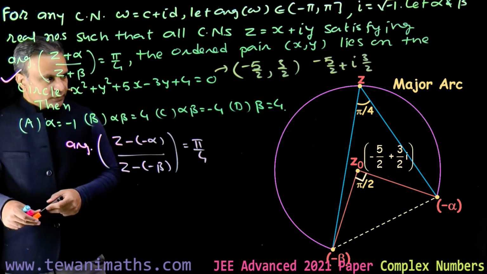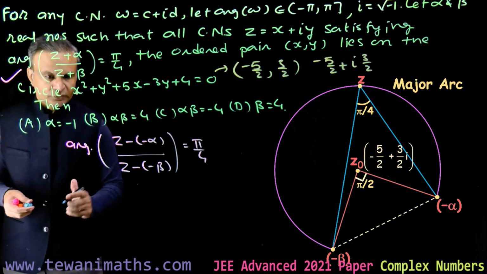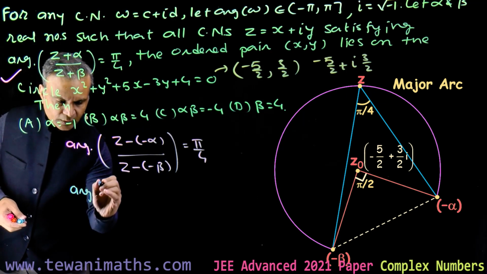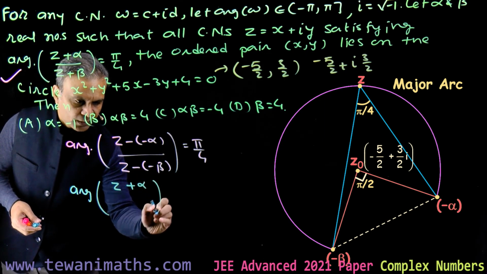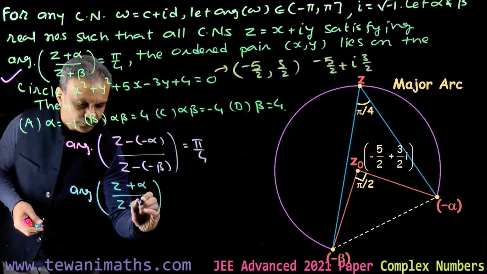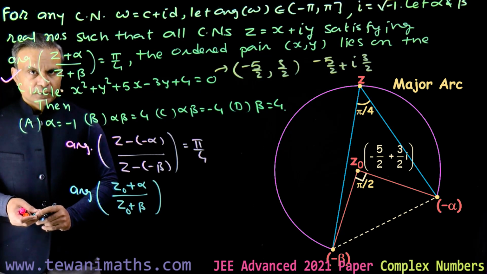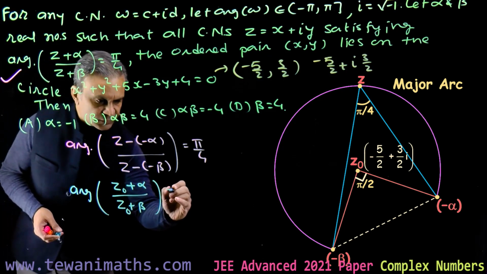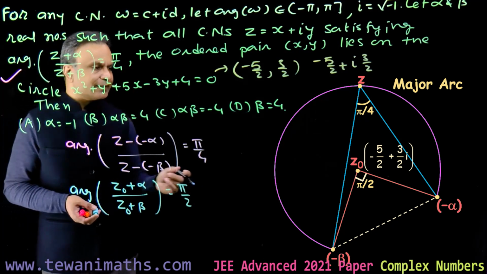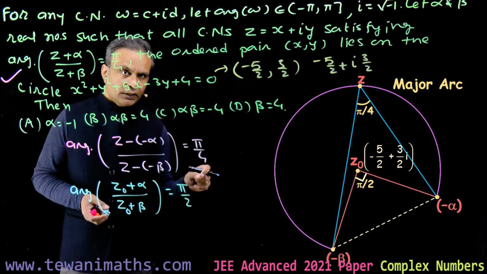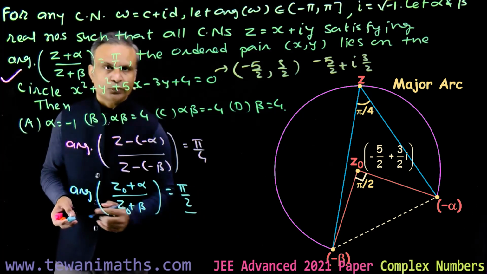Then from the rotation formula, we can write argument of (Z plus alpha) over (Z plus beta), in fact here we should write Z naught, is equal to pi by 2. The angle subtended by the line segment joining minus alpha and minus beta at Z naught, which is the center of the circle, is pi by 2, 90 degrees.